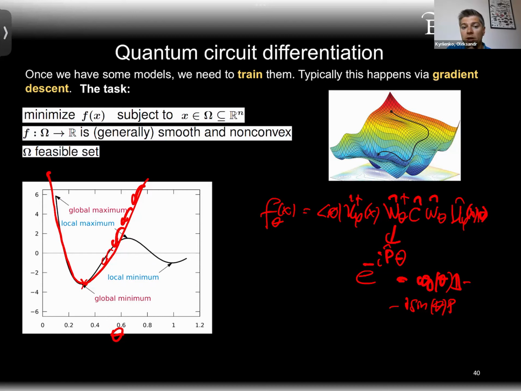The actual training, the experimental implementations. Yes, there are experimental implementations, and I will actually discuss them in the future. So in the next lecture, it is possible to perform, let's say, classification on a quantum computer.